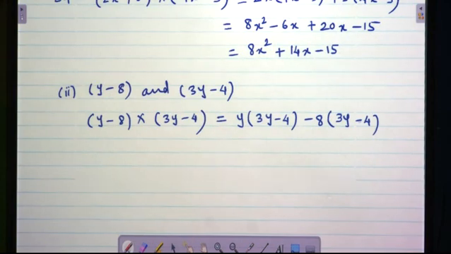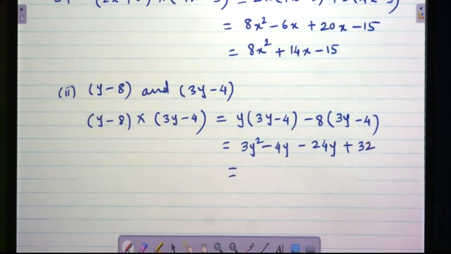So what happens? It becomes 3y into y, 3y square, minus 4y minus 24y plus 32.